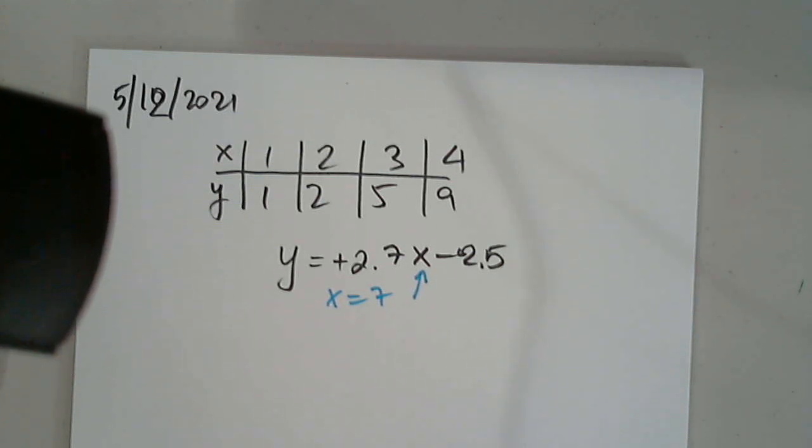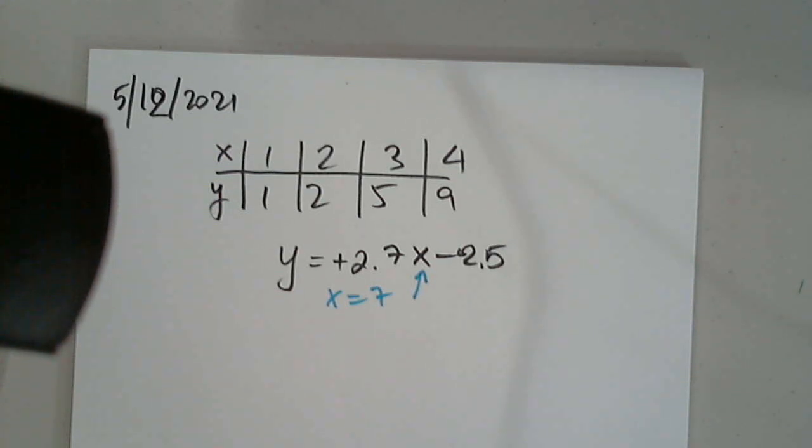Even 7 is outside of the range. So if I want to predict for 2.5, then I can. And that will be reliable. For 2.5 is 4.25. But if I want to go to -5, the equation may not be valid at -5.